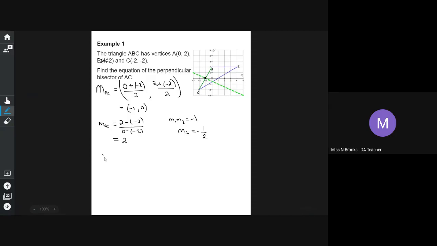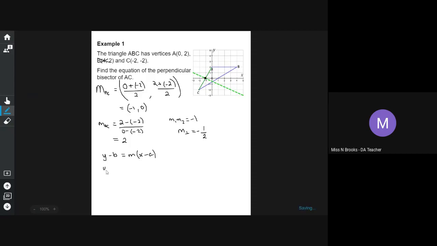Now, final step, to actually find the equation of our perpendicular bisector, we're going to write our equation of a straight line, y minus b equals m(x minus a). And then we're going to substitute in our midpoint and our gradient.